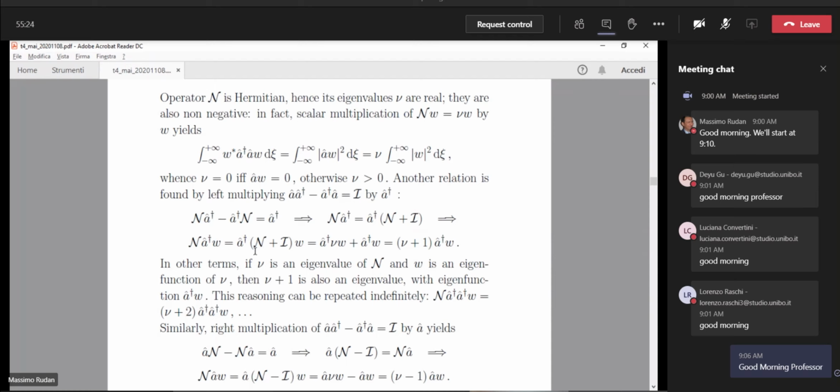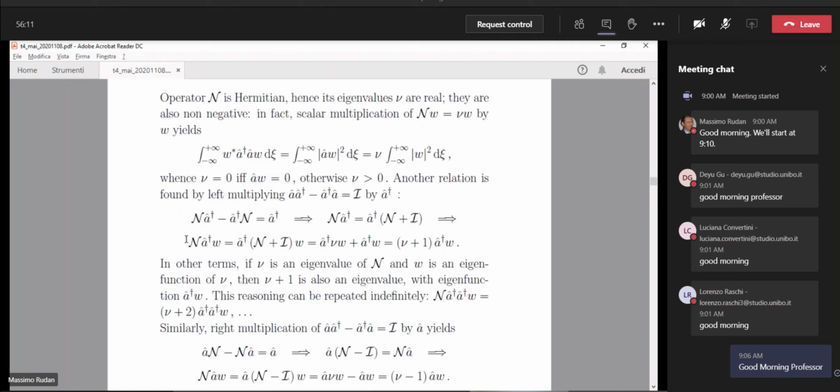So we have A dagger followed by N plus identity operating on W. We see immediately that N over W gives you the eigenvalue Ni times W. And of course, the identity over W is W. So we have A dagger W. Ni is a number, so we can extract Ni and bring it to the left, so that when we collect A dagger W, we have Ni plus 1 multiplying A dagger W.